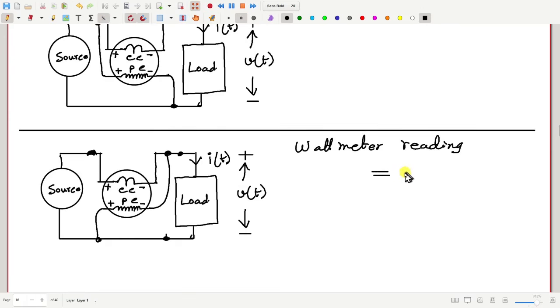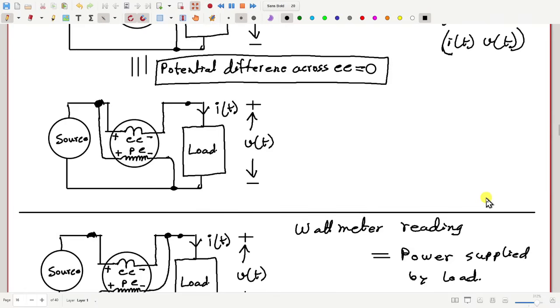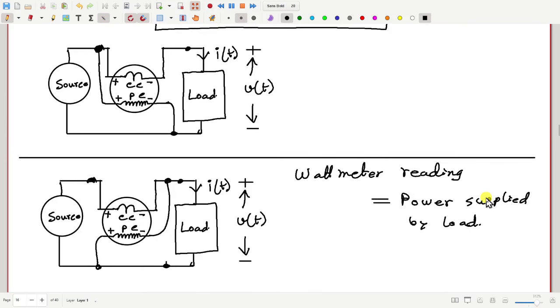So now I can say wattmeter reading is power supplied by load, because the earlier one I said is power consumed by load. I may also say minus of power consumed by load, whatever you like. Essentially it will become negative, that's the point.